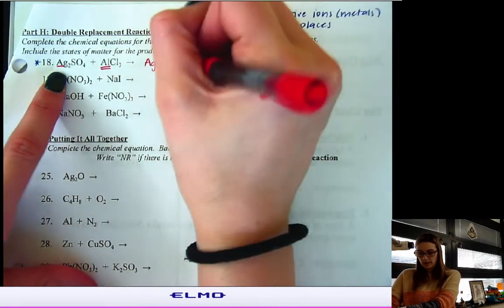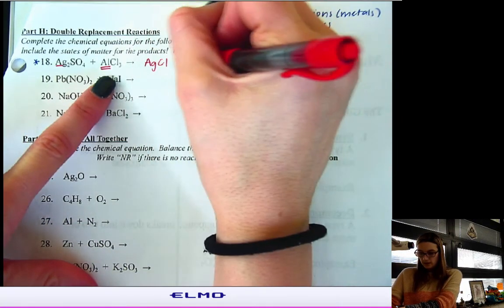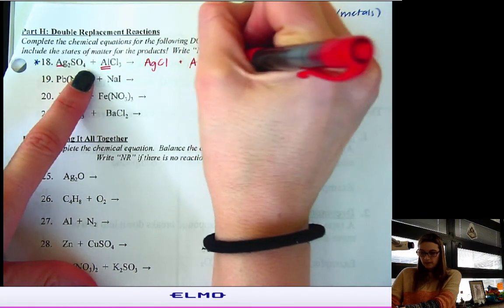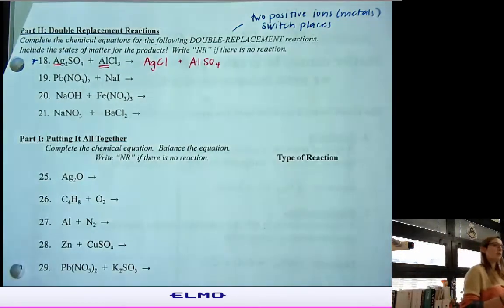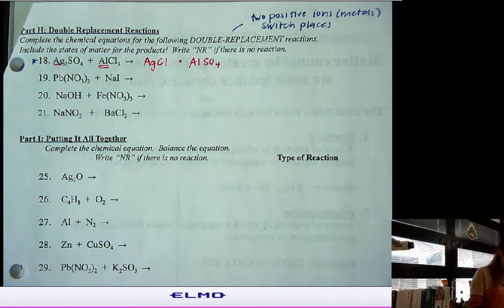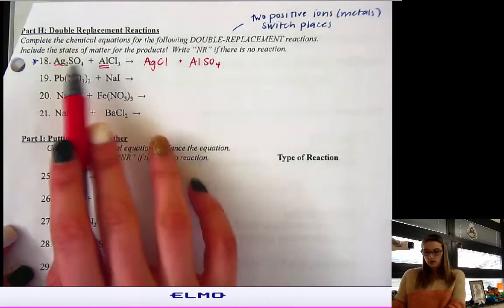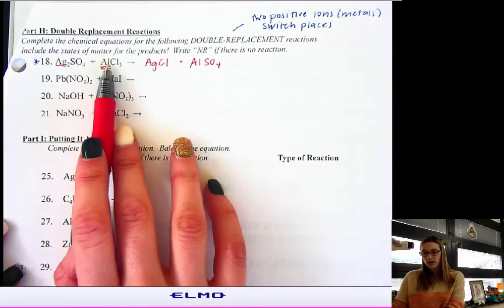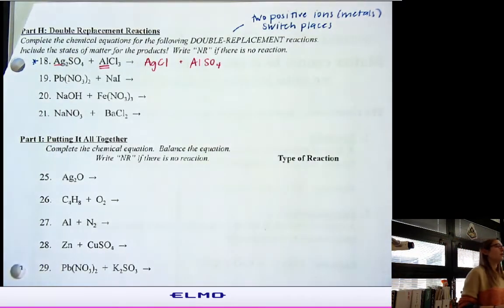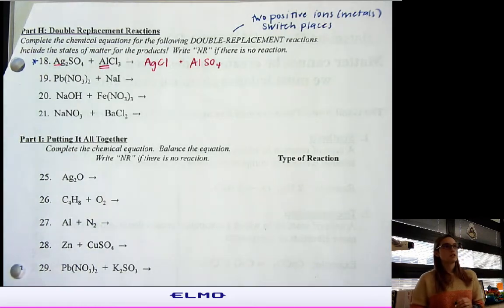Ag is going to combine with Cl, and aluminum will combine with sulfate, SO4. So Ag is going to combine with Cl, Al is going to combine with SO4. The two metals just switch places. Now if you put AlSO4 first and then AgCl, that's fine. But when you form something new, you always have to check the charges.